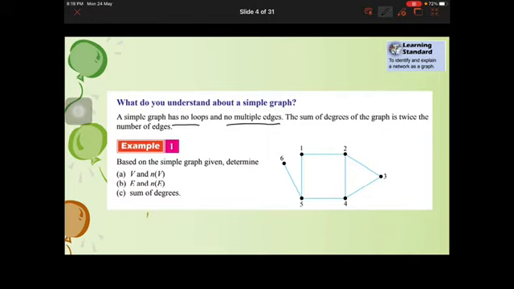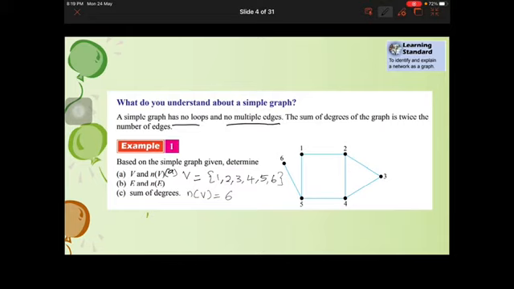It should be a set where the elements are 1, 2, 3, 4, 5, 6. This is for question A. Now n(V) equals the number of V. We have 6 elements here.